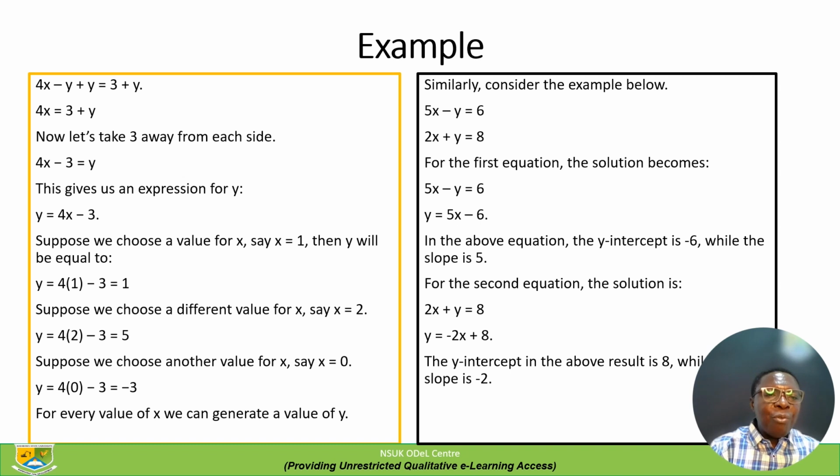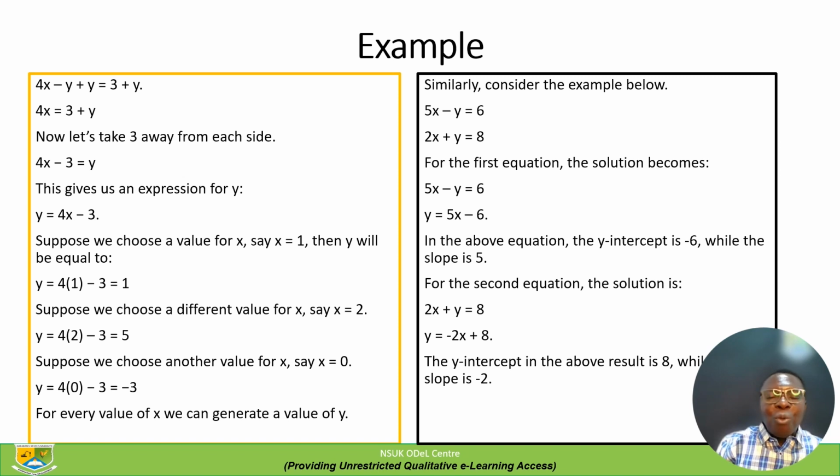If you take 3 away from each side, you will have 4x minus 3 equals y. This gives us an expression for y. So y is equal to 4x minus 3.